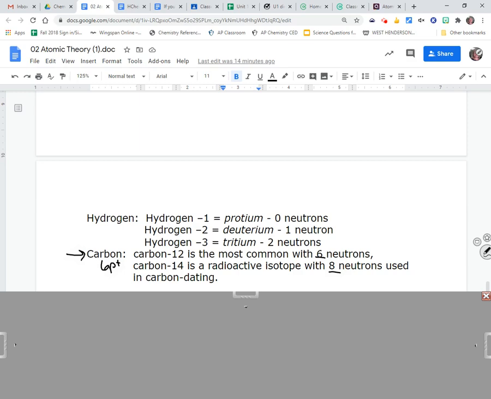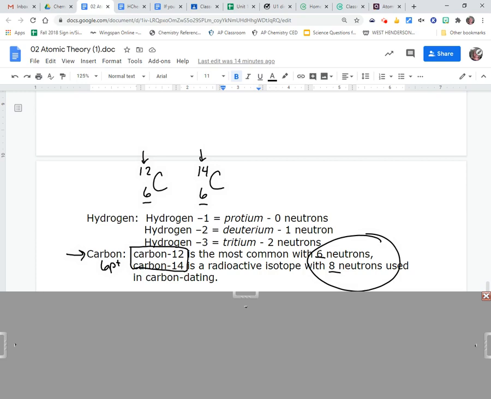Now, to look at this in nuclear notation, here is carbon-12, and this would be an isotope of carbon, carbon-14. So notice they're going to be the same element. They have the same number of protons. It's the mass that's different, and the reason is because they have a different number of neutrons.